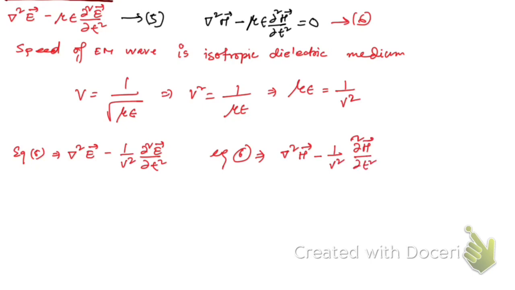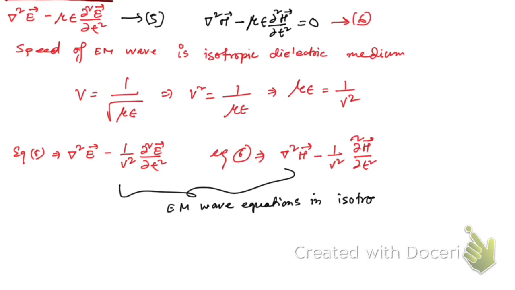So these are the EM wave equations in isotropic dielectric medium. Okay.